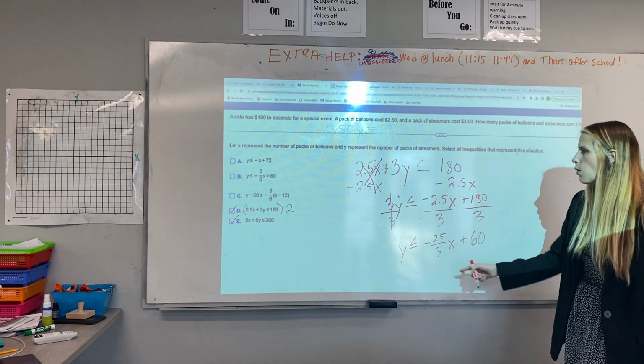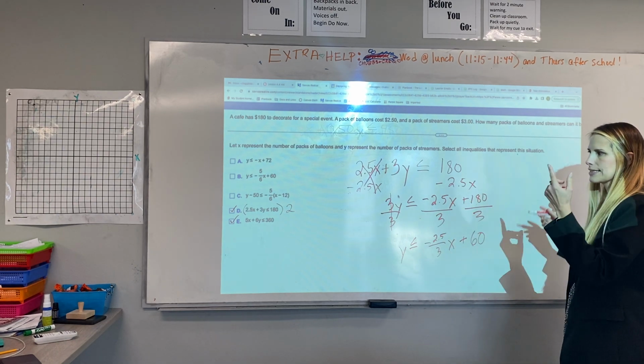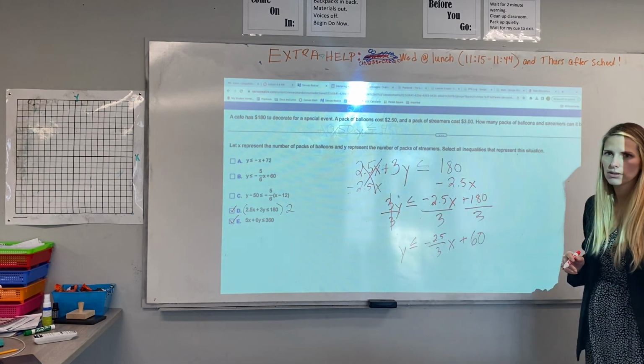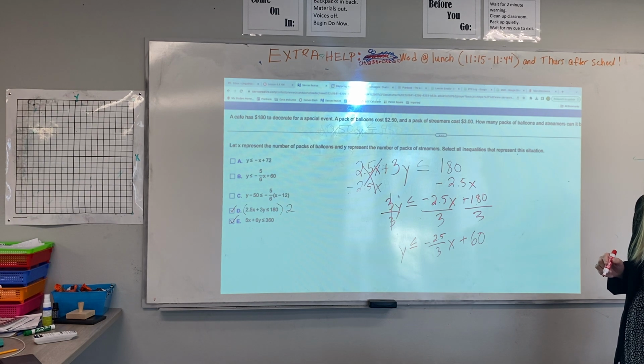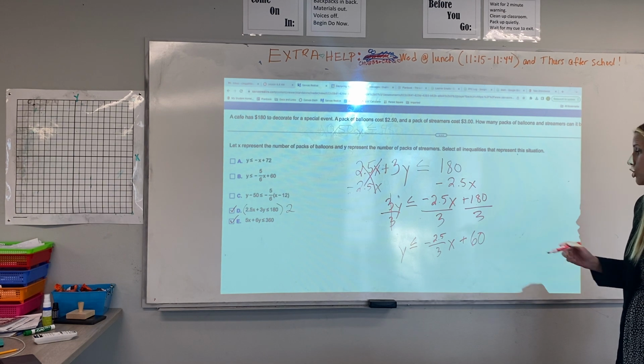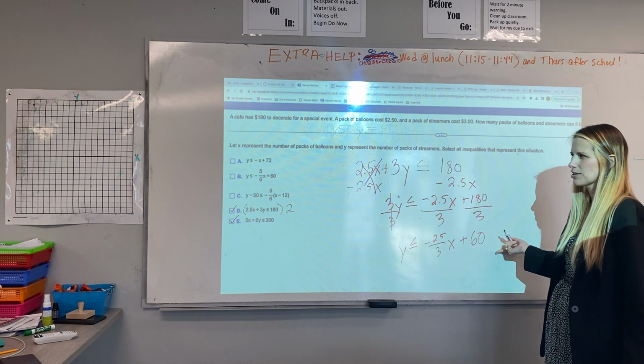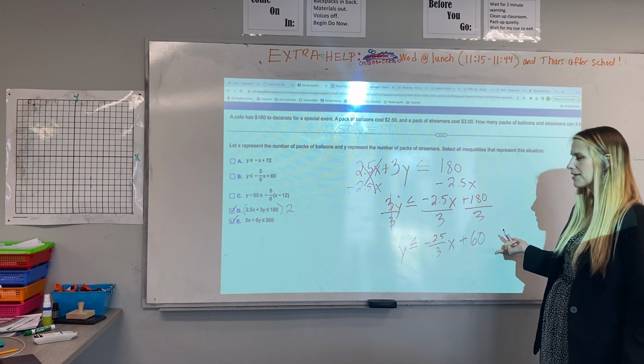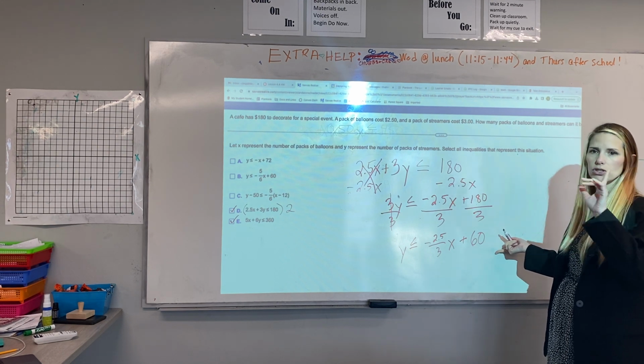This inequality, though, is not one of the choices. Tell me how to make sense of this matching one of those. Callie: Since you have the same y-intercept. So just because I have the same y-intercept, it doesn't really matter what the slope is. If you do 2.5 times 2, you get 5, and 3 times 2, you get 6.